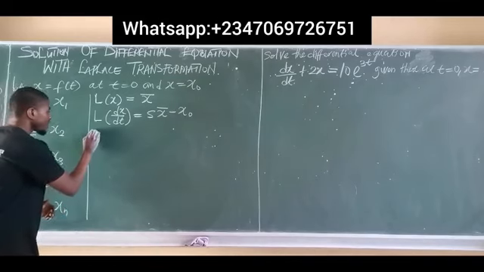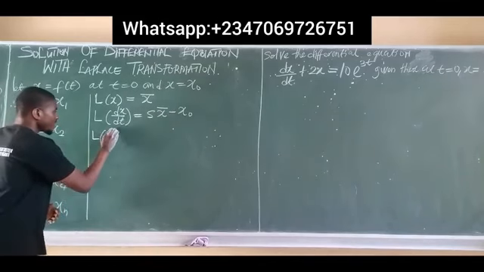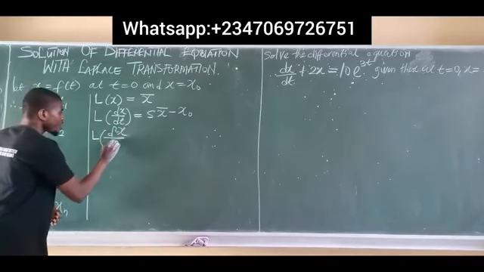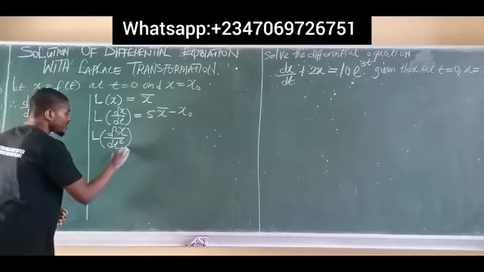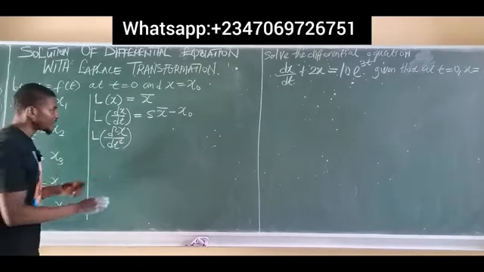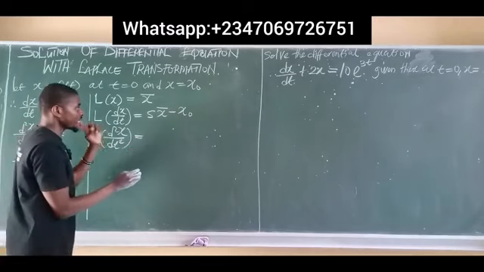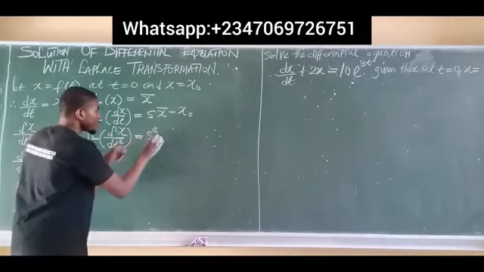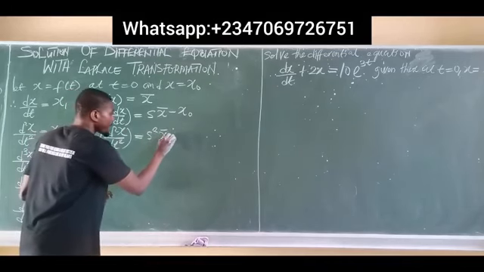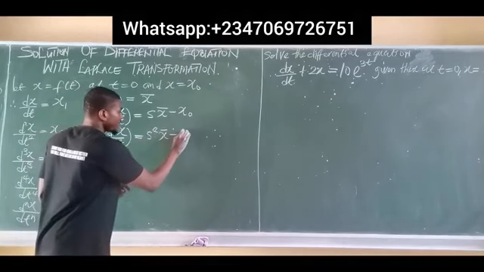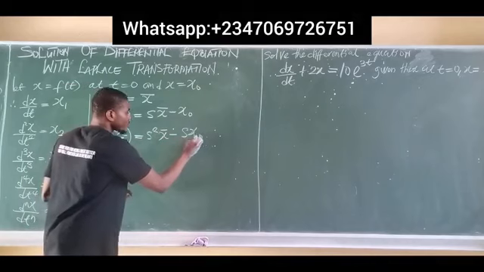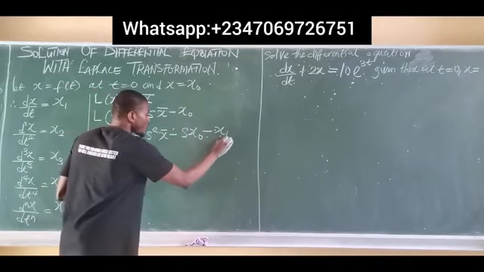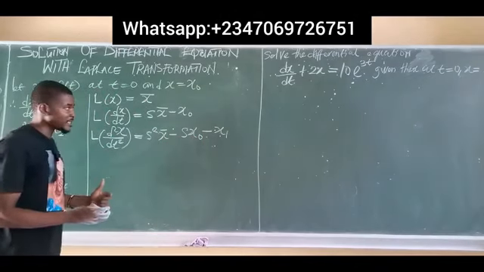Next, the Laplace transformation of d²x/dt². If you're given a differential equation of second order, then since this is second order, this becomes s squared multiplied by x bar minus, then you append s here, it becomes s times x naught, now minus x1. Always keep this in mind.